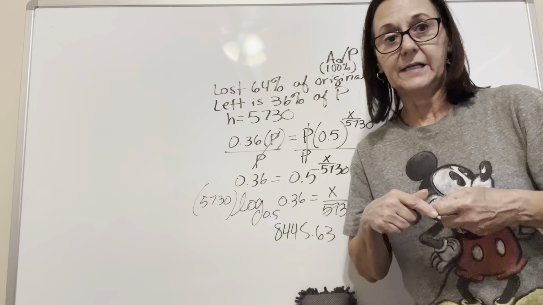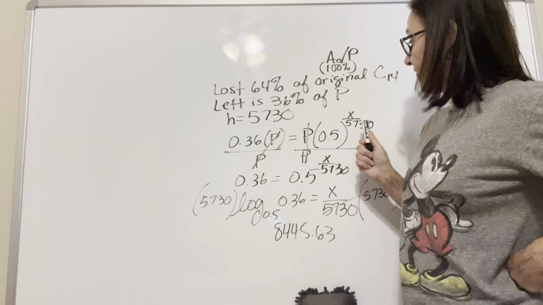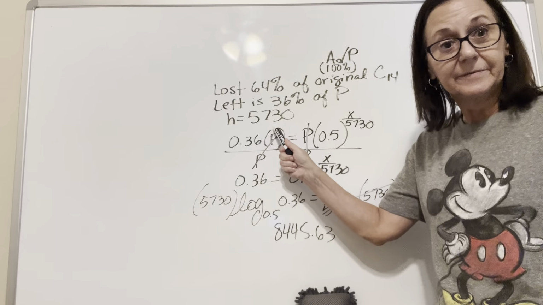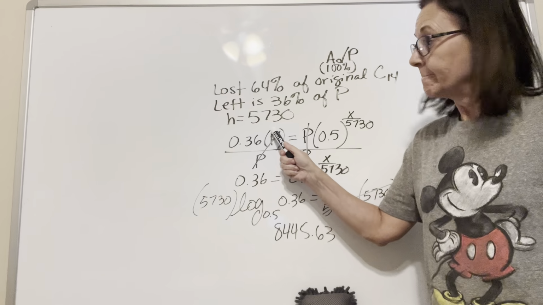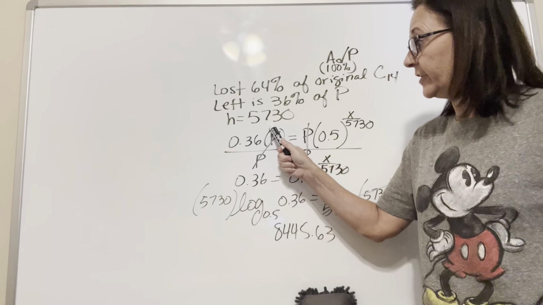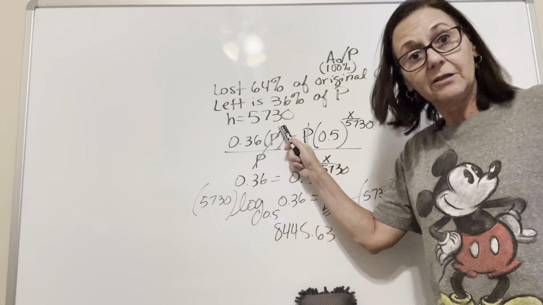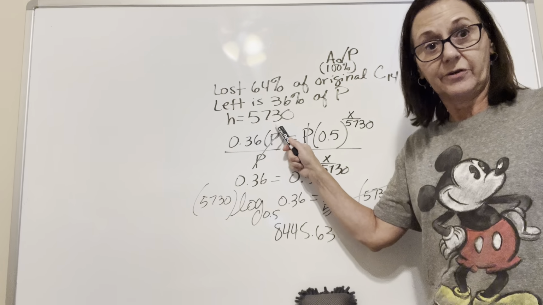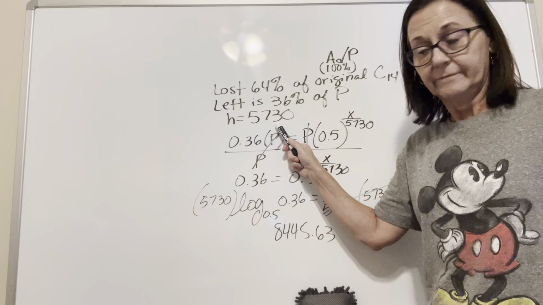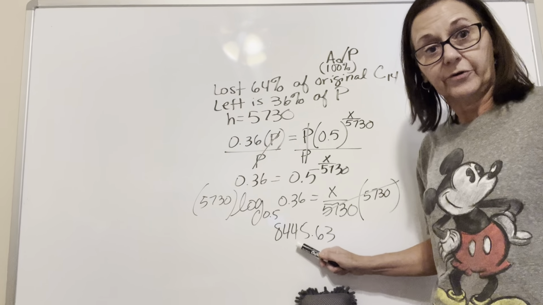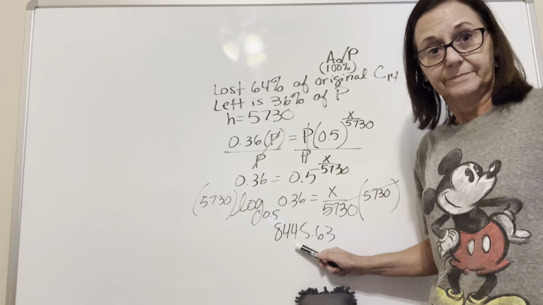It makes absolute sense, because after 5,730 years, I should have half left, 50%. If I have only 36% left, it should absolutely be more than 5,730 years, right? So it makes sense that it's 8,445 years. Okay?